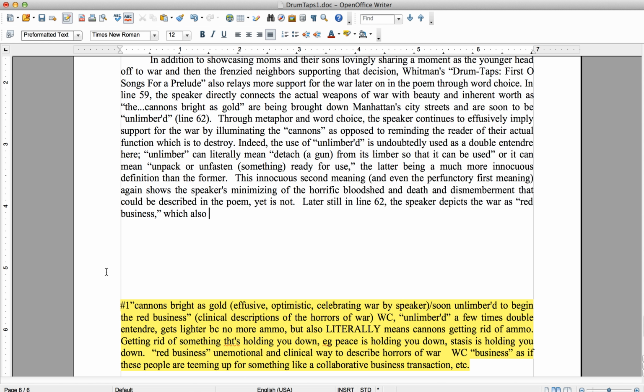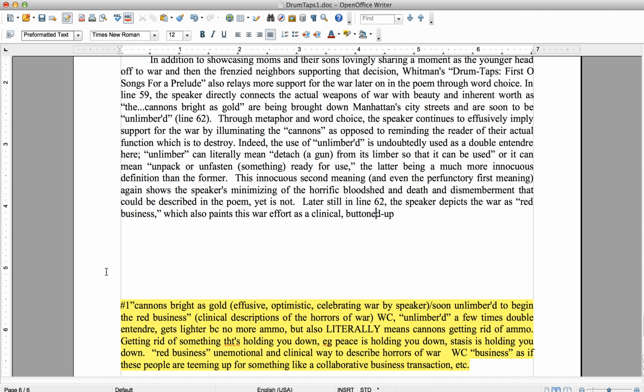which also paints this war effort as a clinical, buttoned up, and downright, well, we already said three things: bloodshed and death and dismemberment.